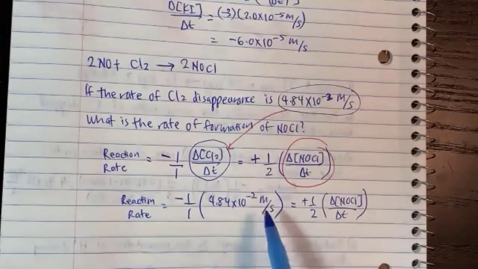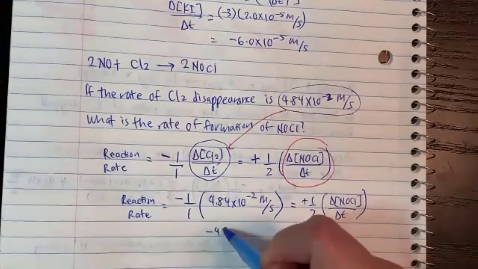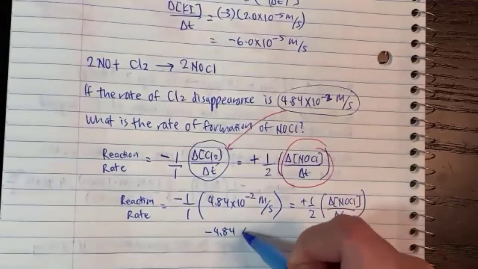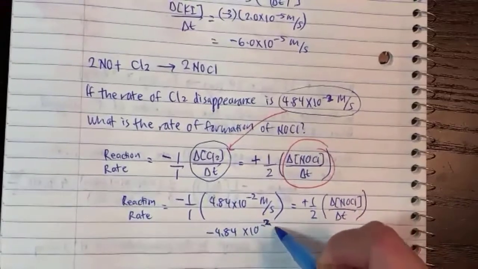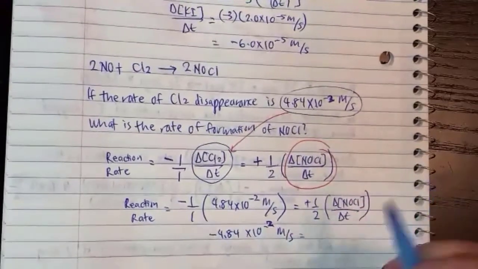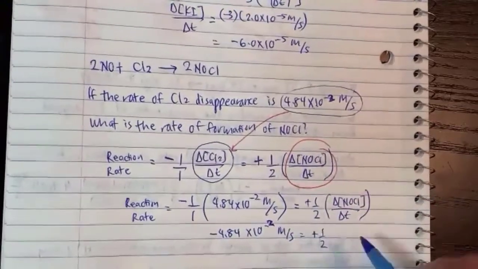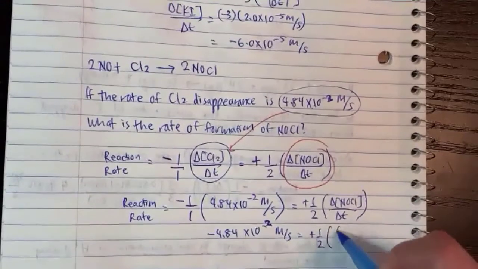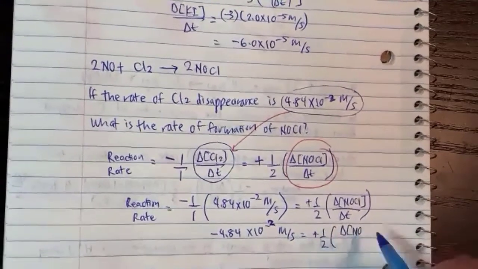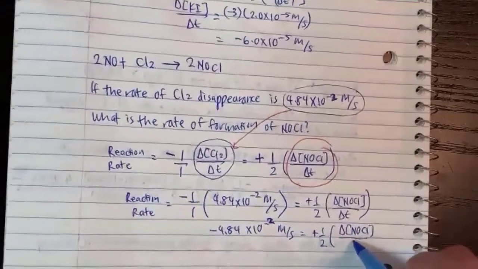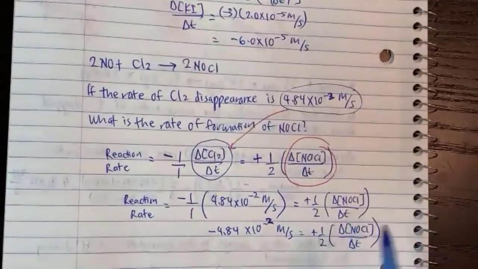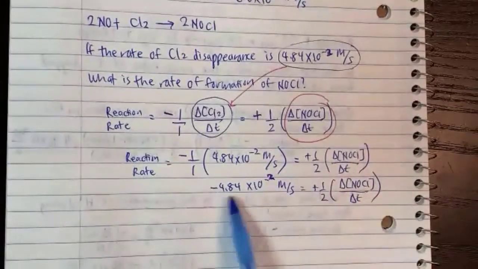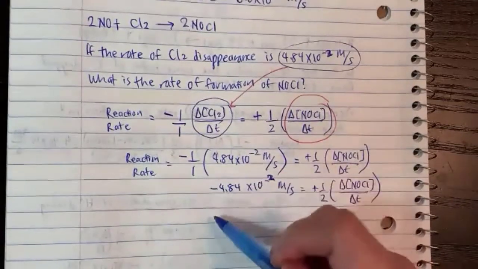So we know that term equals negative 4.84 times 10 to the minus 2, and that equals plus half of the term I'm looking for. Then we can solve for that term, which is basically this times 2.